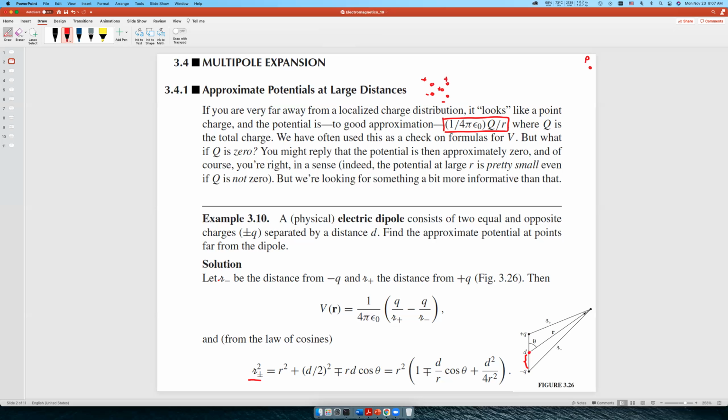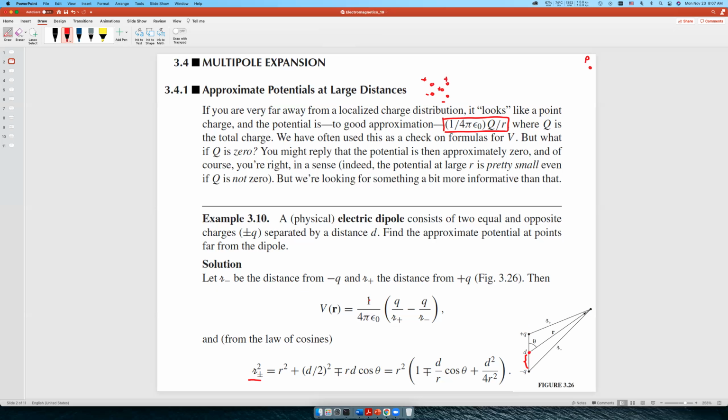Now let's see the solution. Of course, the solution will be, let's calculate the potential from plus Q to this point, and then calculate the potential from negative Q to this point. Then if we do a sum, we will get the total potential from this dipole. So that's easy.